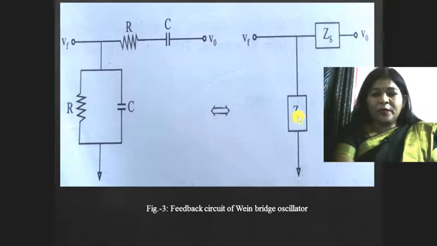ZP is the parallel impedance, so we can indicate this parallel combination via ZP. Similarly this is in series, so we can indicate it with ZS. So this is the series impedance, this is VF, and this is the output voltage V0.